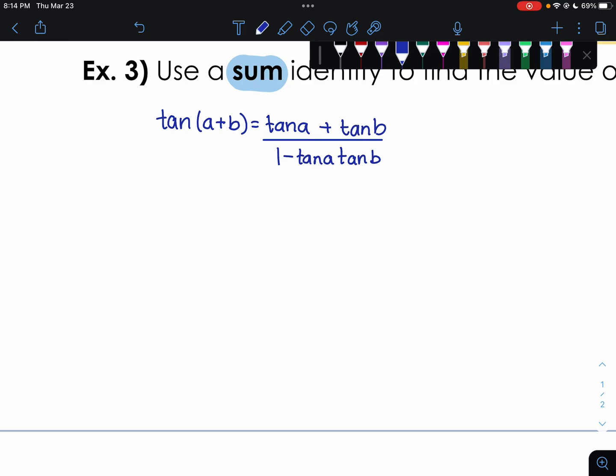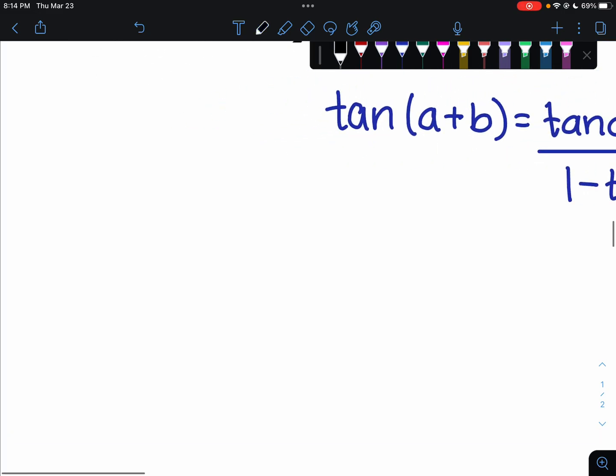So again, we need to find two angles that can add to give me 255. So off to the side, I just do a quick, let's see, 255 minus 30. That gives me 225. So we can use that if we want to, because we should know both of those.